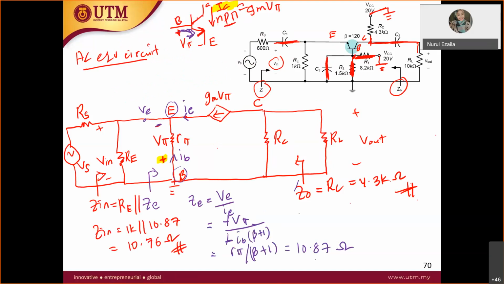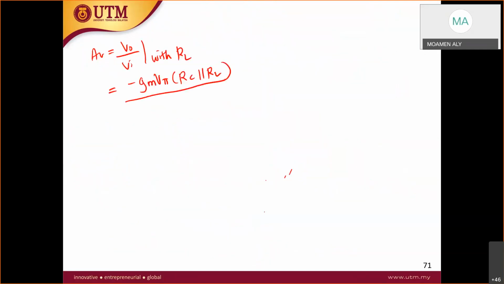So V in equals to what? Negative V pi, correct, like this. So cancel out all the negative, so you will get GM times RC parallel with RL.